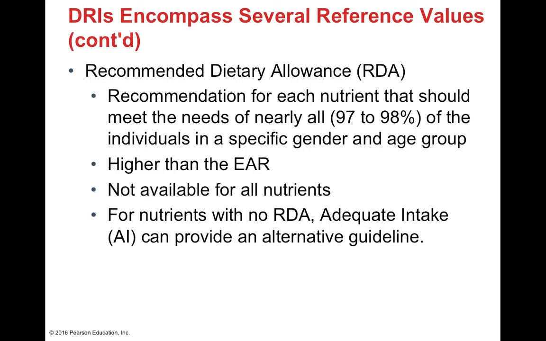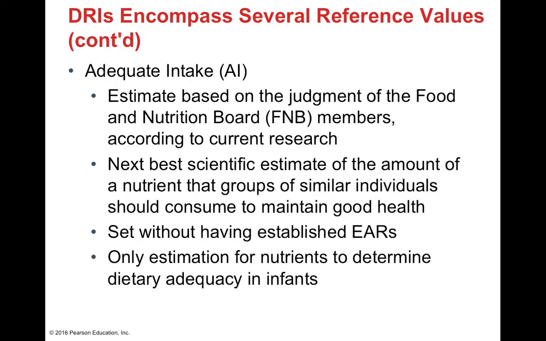So for nutrients that don't have the RDA, they can use what's called the adequate intake guidelines. So AI can provide an alternative guideline for nutrients that lack the RDA. So what does AI stand for? Again, adequate intake. This number is an estimate based on the Food and Nutrition Board members according to the most current research. And it basically says what is the adequate amount that you would need to stay healthy.